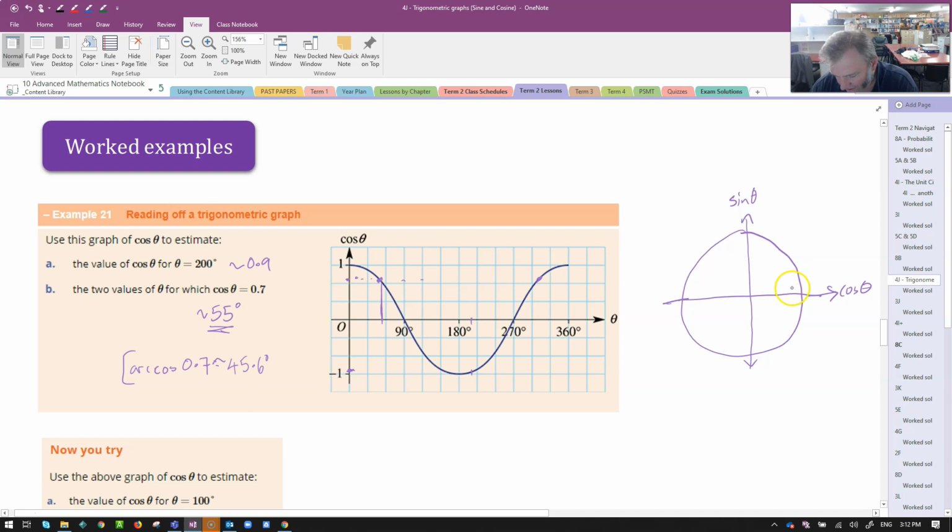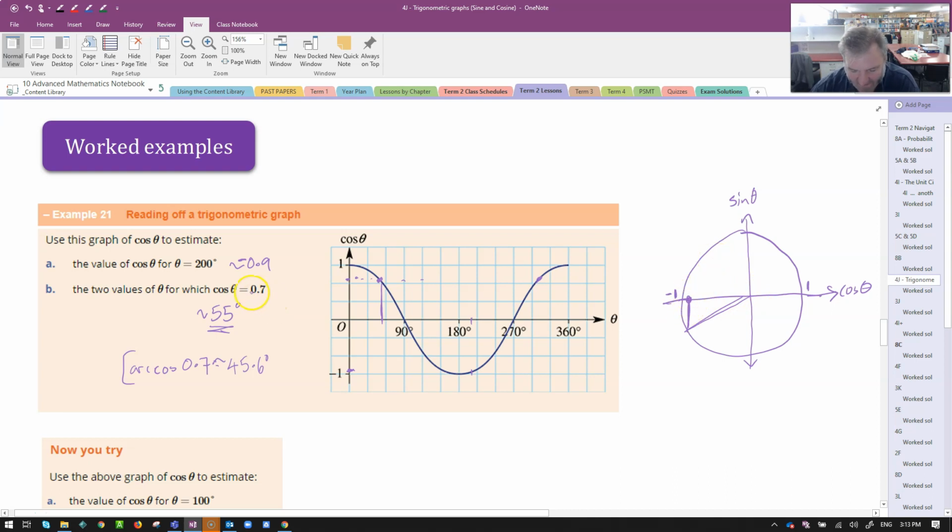So at 200 degrees, I'm going to go around 180, 190, 200 degrees. What is my x coordinate there? Well, you can see that if this is negative one way out here and that's one there, that must be about negative 0.9. I didn't write the negative in there, did I? I said it, I think, but I didn't write it. Negative 0.9, because that's where we're at.